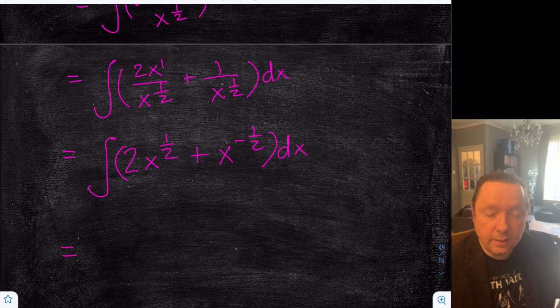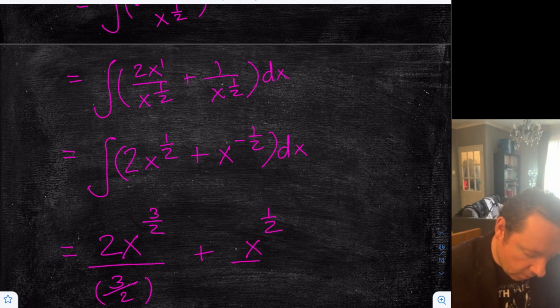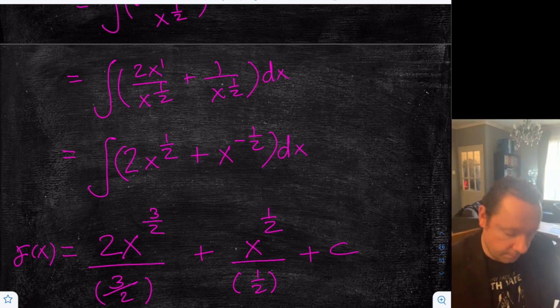So we can now integrate it, add 1 to the power, so we get x to the 3 halves. We've still got the 2, and we're going to divide by 3 halves in a minute. And then add 1 to the power of this, we get x to the half, divide by the new power, so divide by a half, but then we've got our plus c. Remember, this is f of x.